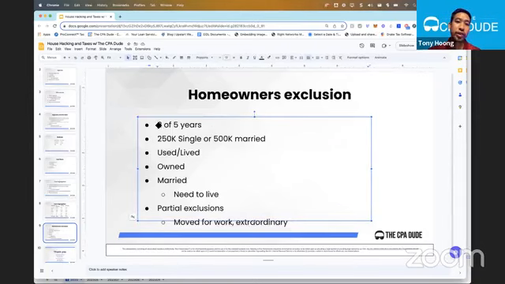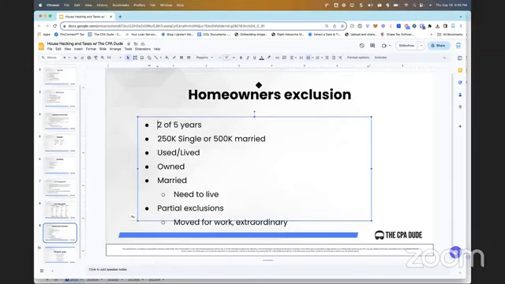This 2 of 5 years doesn't mean it has to be consecutive. You can live there for a year like you're doing, roll out for a year, and then come back for a year, live there, and then sell it afterwards and still qualify for this.